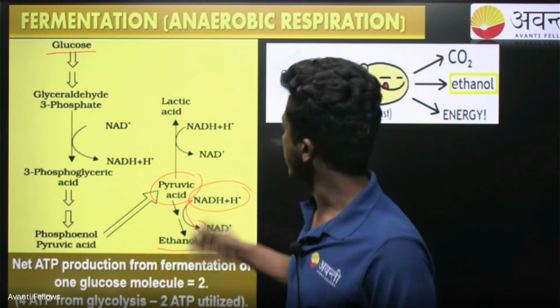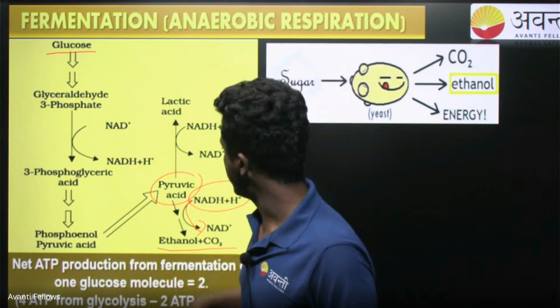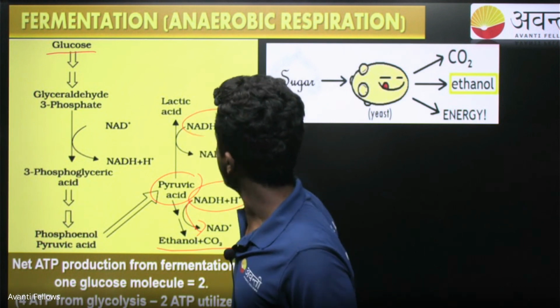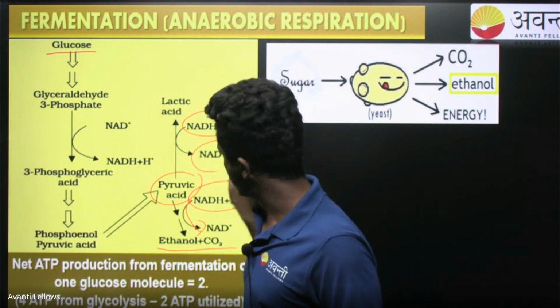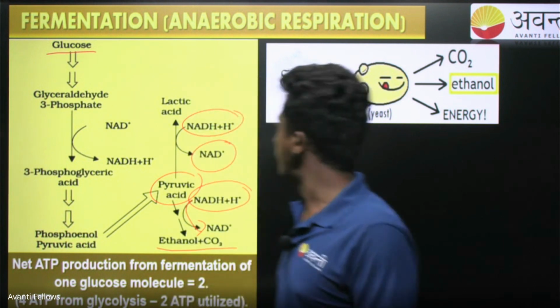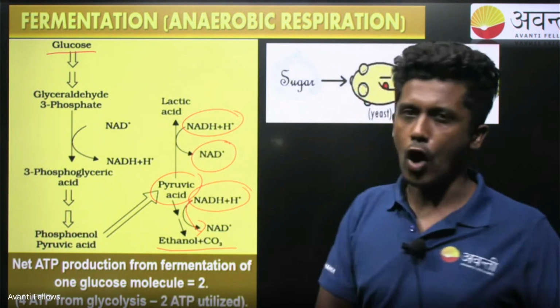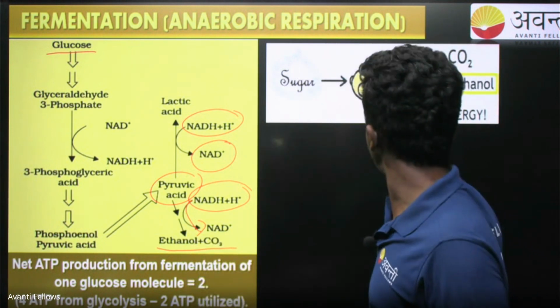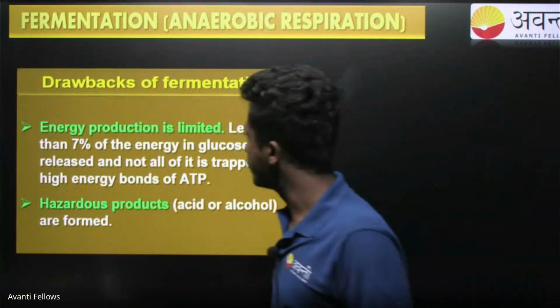Next one. In our tissues, what happens? Again the pyruvic acid, in the presence of NADH plus H plus, is reduced to NAD plus, which leads to the formation of lactic acid. So we have alcohol dehydrogenase, and lactic acid dehydrogenase, which are the enzymes that help in this process.